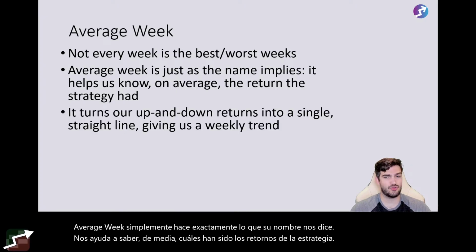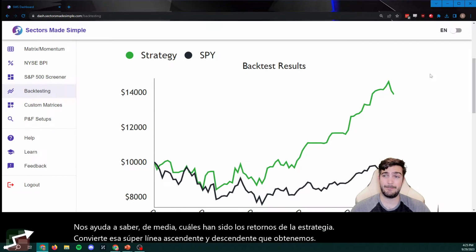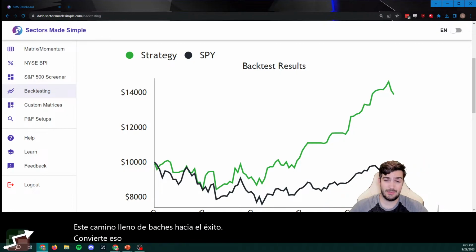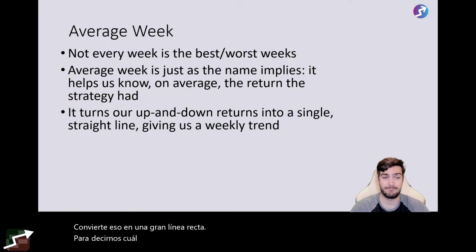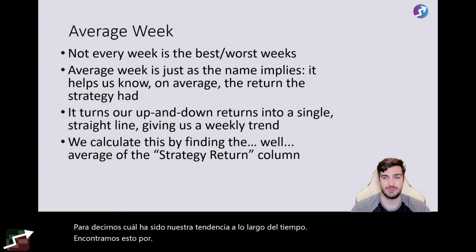It turns that super up and down line that we get, this bumpy path to success, into a big straight line up, telling us what our trend has been over time. We find this by calculating the average of the strategy returns. Keeps it nice and simple.